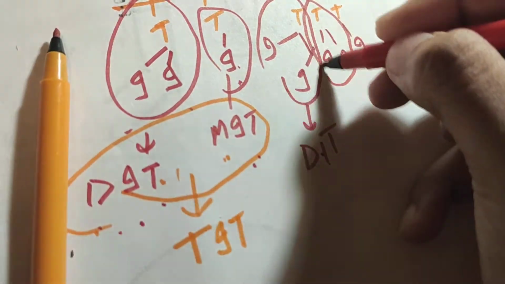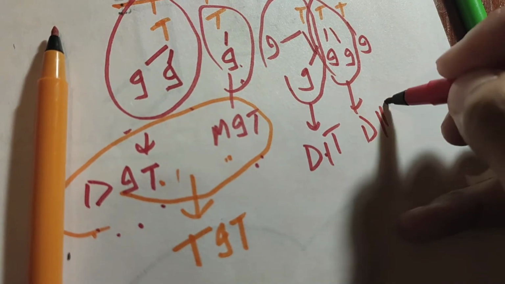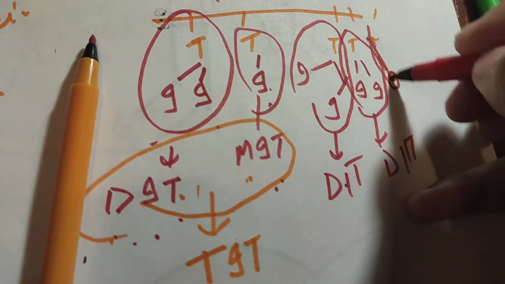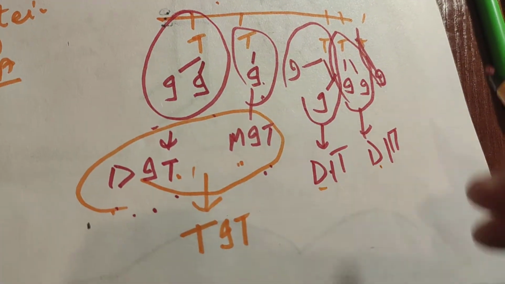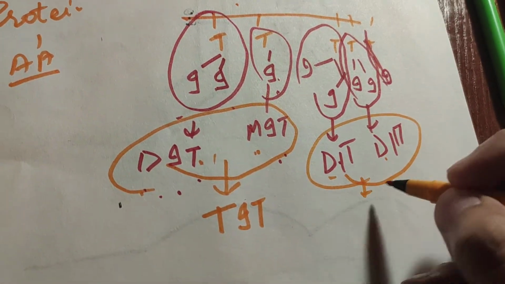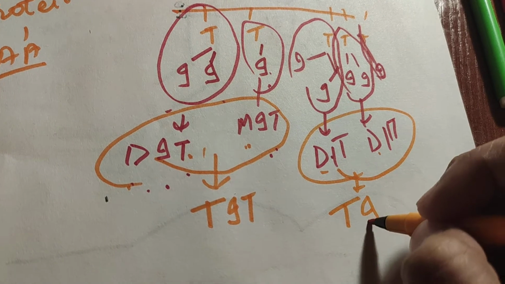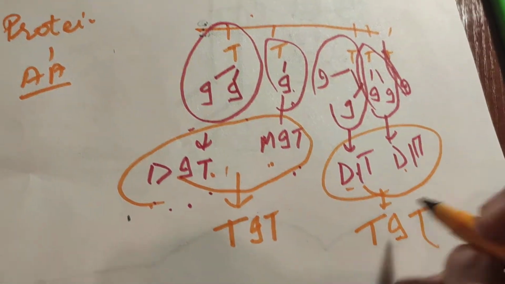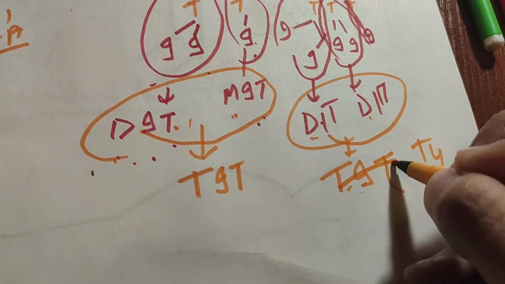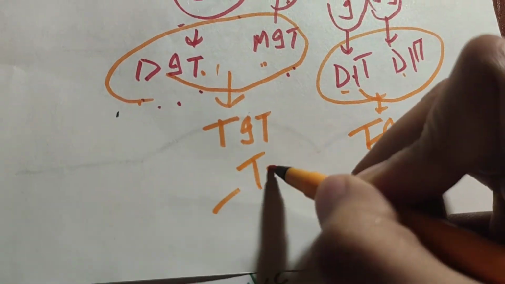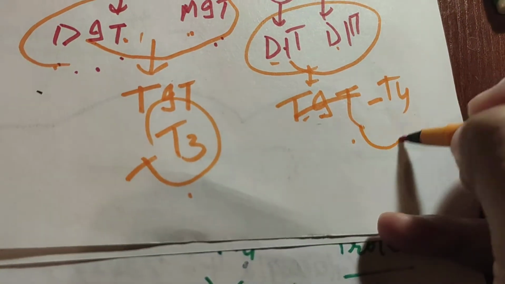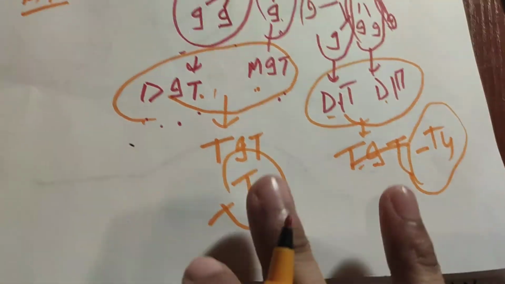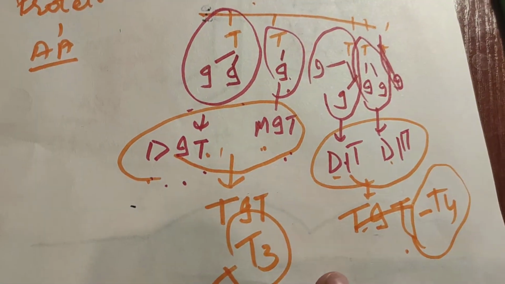What is this? This is DIT. Suppose this is not here. Firstly this. Then two DITs are together. Then what will it form? It will form tetraiodotyrosine, like T4. This is known as T4 and this is T3. This is how T3 and T4 are produced. It is not separated from thyroglobulin yet.